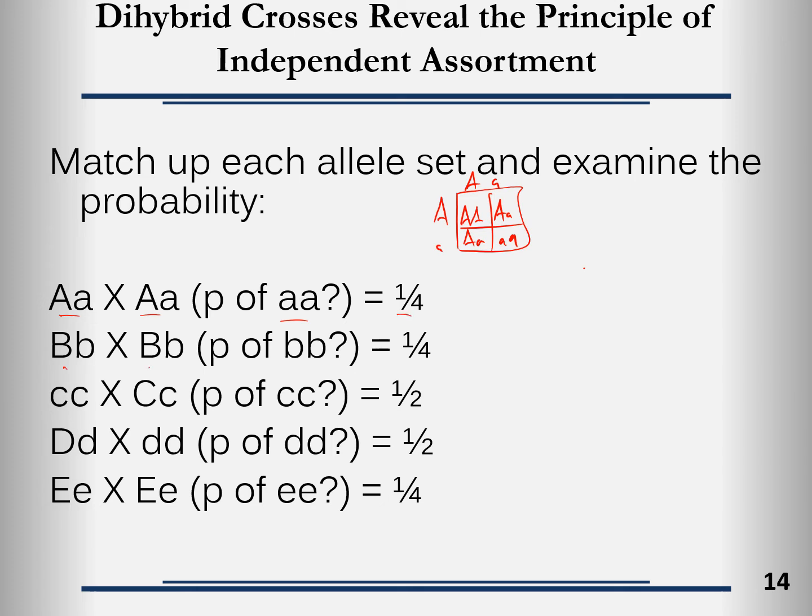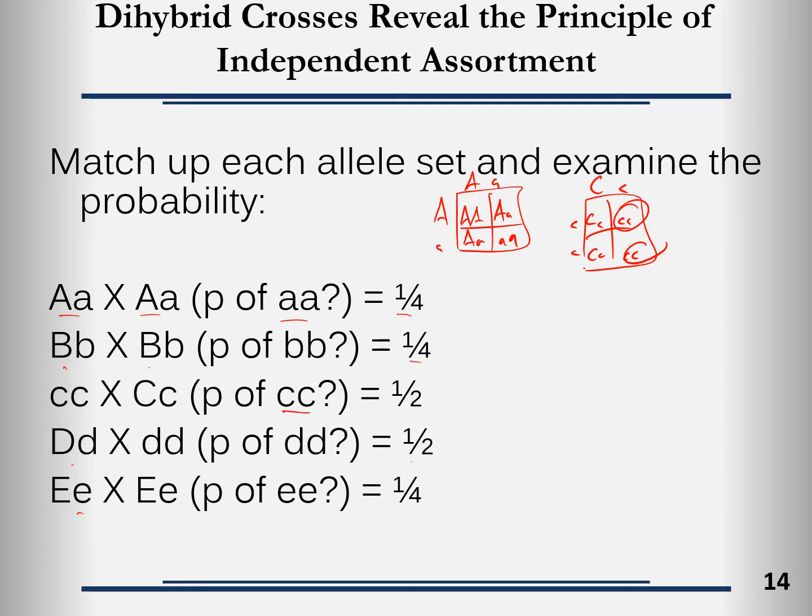This is also a monohybrid cross, so it's 1/4. If we look at C, one individual is heterozygous, the other individual is homozygous recessive. So the probability that it's recessive is 1/2. This is the same scenario flipped around, so it's also 1/2. And this is a monohybrid cross again.